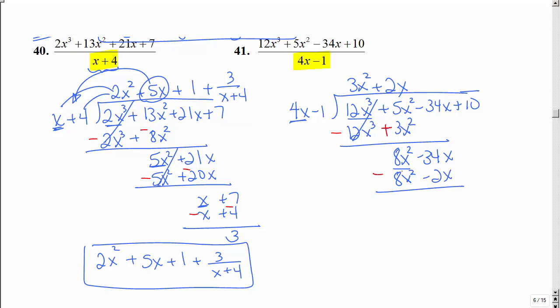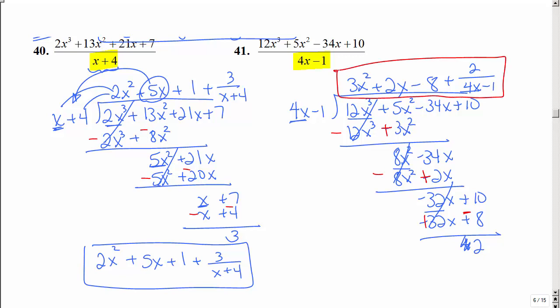Draw your line. Change that sign. Again, divide. That's minus 8. Draw your line. Change the sign. Or just a 2, I guess. But I'm going to put plus 2 over 4x minus 1 up here.